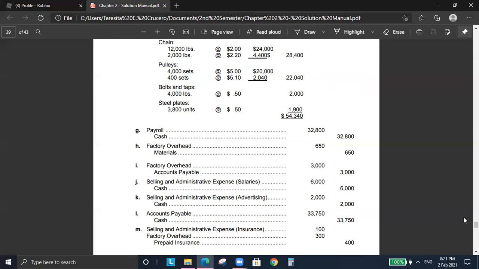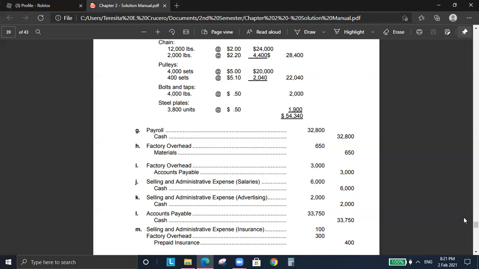Then letter K, advertising paid 2,000. We also debit selling and administrative expense. Actually, advertising cost is selling expense, so we are only combining selling and administrative expense.